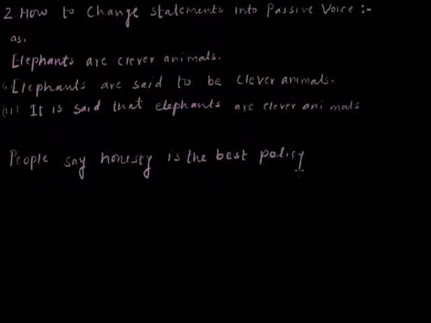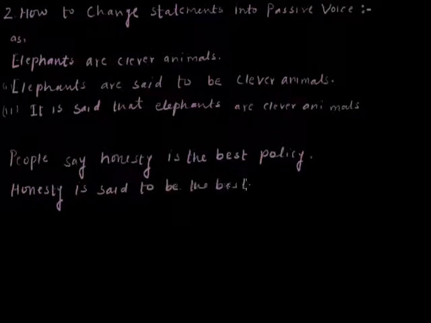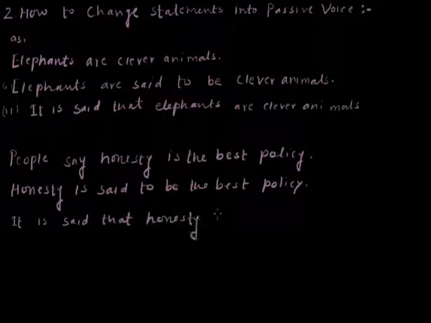We can change this sentence like this: honesty is said to be the best policy. This is the first method. And the second method is that we can say this statement like this in the passive voice: it is said that honesty is the best policy. So in this manner we can change the statements into the passive voice.